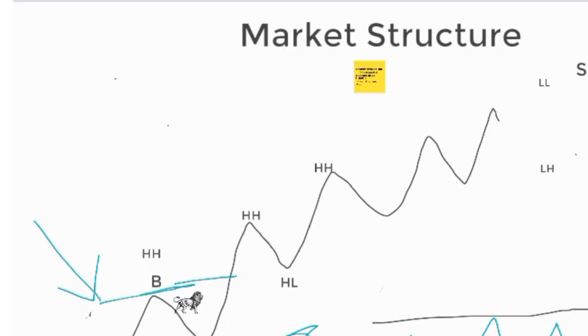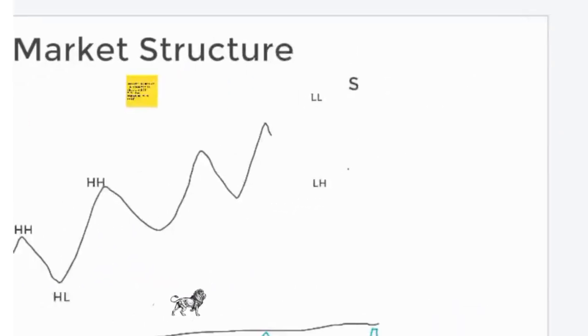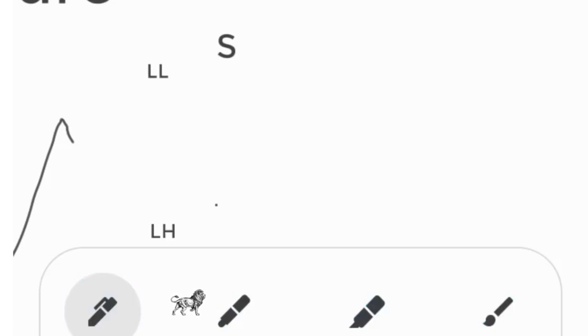The inverse is for a downward, bearish market. But I'm going to show you just a sample, then we move on. So let me use this place to do that for us. This is the downtrend.